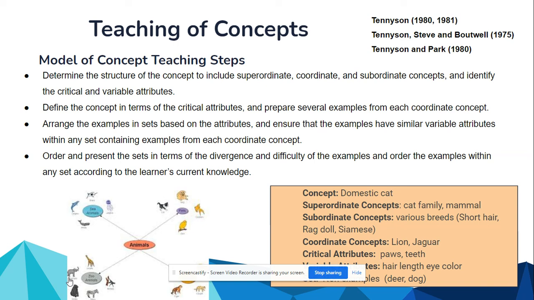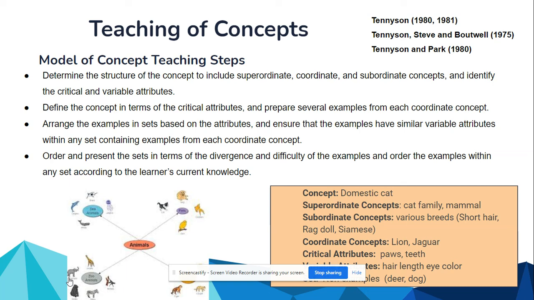So let's look at the concept of the domestic cat. I have 4 cats. They're all looking at me now as I give you this presentation, so I don't want to mess this part up. The superordinate concepts: cat family, mammal. Okay, so those are the hierarchy.